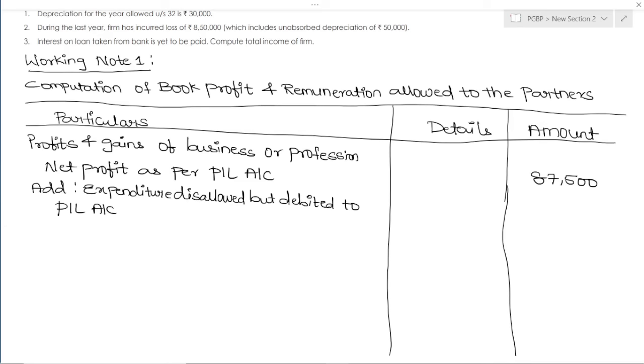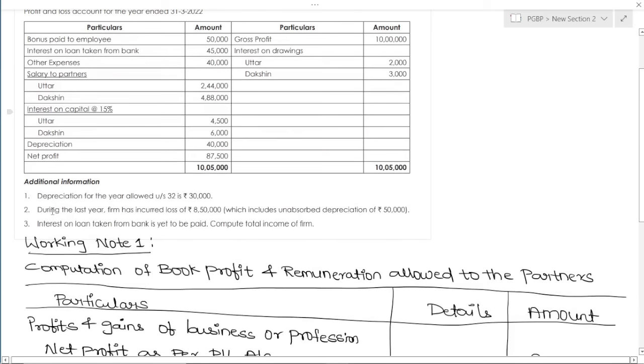Now the debit side of P&L account, let us observe. First thing, bonus paid to employees. Anything given about it somewhere? No, nothing. As per accounting it is debited, nothing wrong. But as per income tax, is it allowed? Section 36 says that bonus paid to employees is allowed.